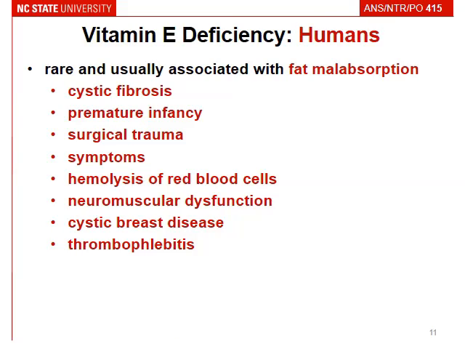So in humans, vitamin E deficiency is very rare. Usually you end up seeing it if there is fat malabsorption. So if you have some issue where you are not able to absorb fat, or if you've taken some weird fad diet thing where it binds up all the fat.